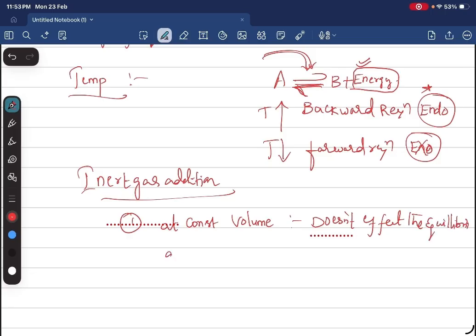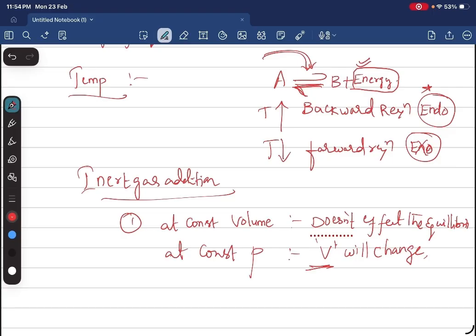Suppose at constant pressure, the volume will change, and accordingly the reaction moves. The reaction will shift in the direction where the number of moles increases. So the volume factor we discussed earlier applies to this as well.